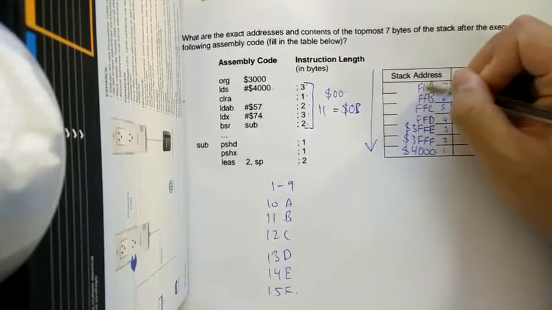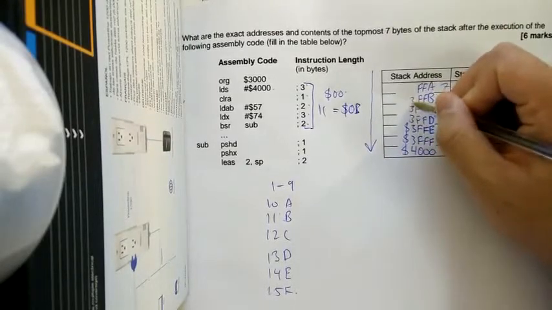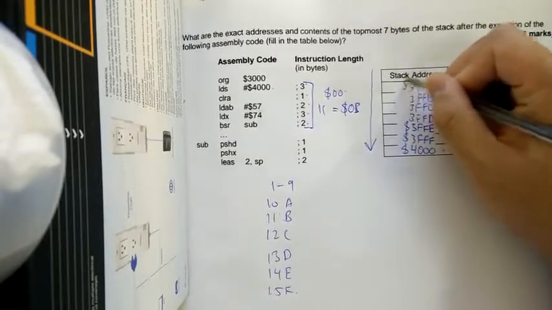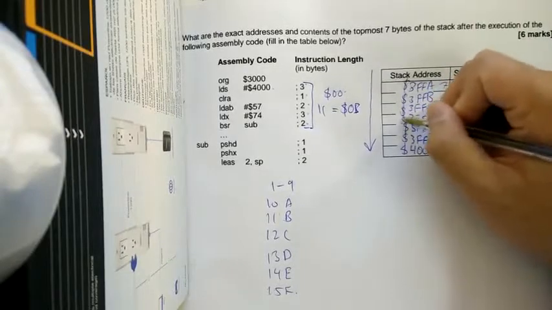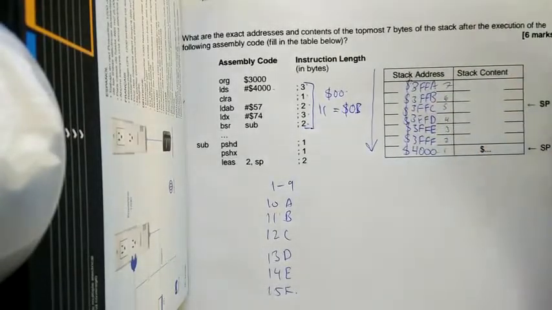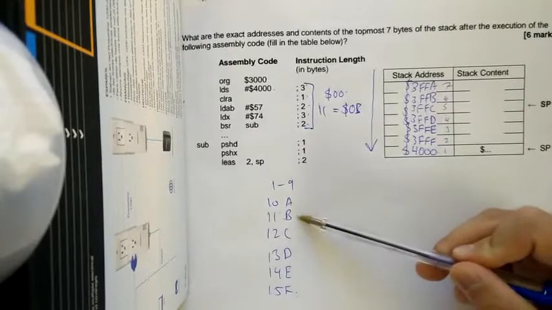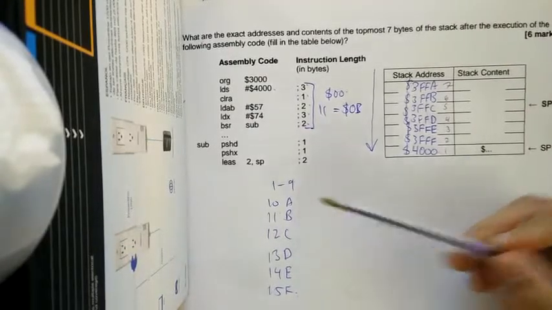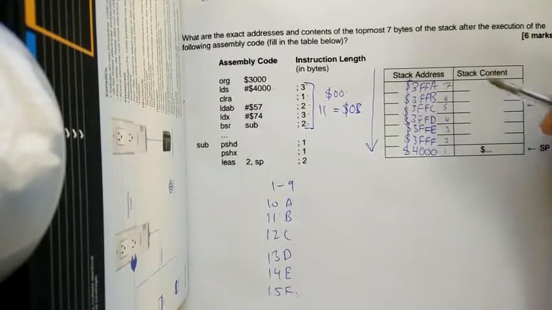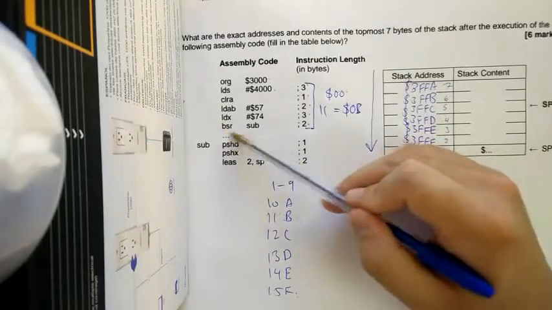I'm just decrementing by 1 each time, and the first three hex digits are the same for each, other than the last digit. So you go from F to E to D to C to B to A.